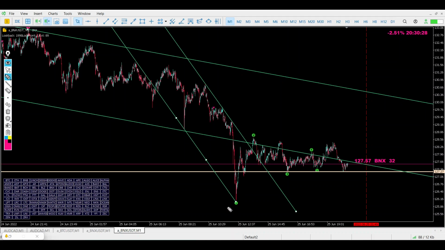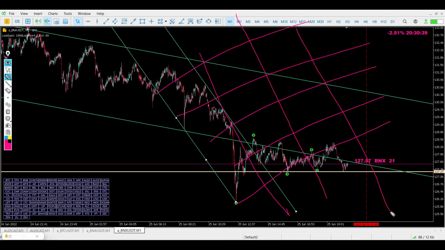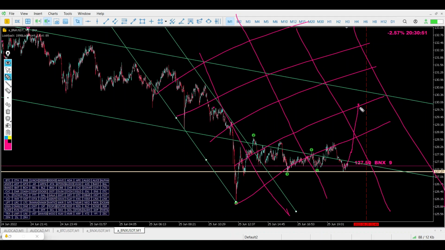Another thing is like the Gann grid, where you draw many lines at equal ranges, like this, like this. This is a Gann grid, and in these blocks we study the price. So for example, if price breaks out of this block, then it goes to this block, it takes resistance from here.